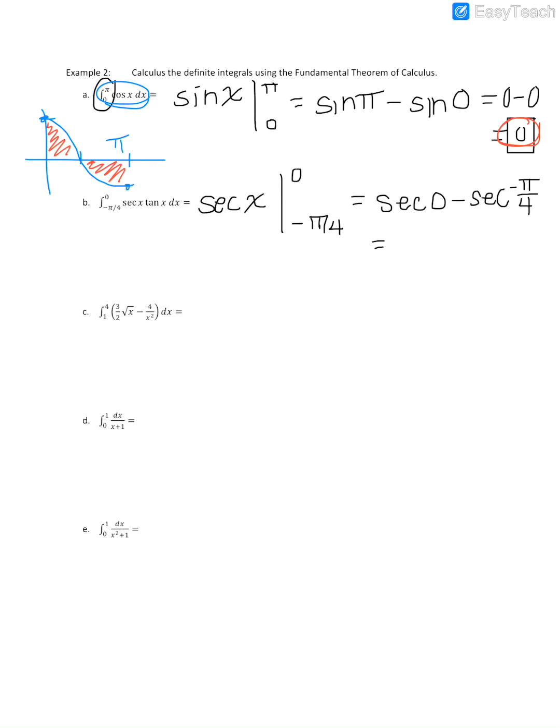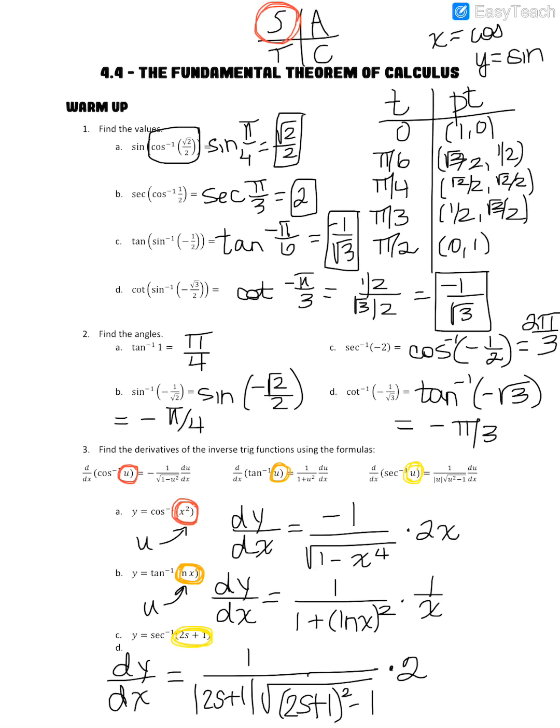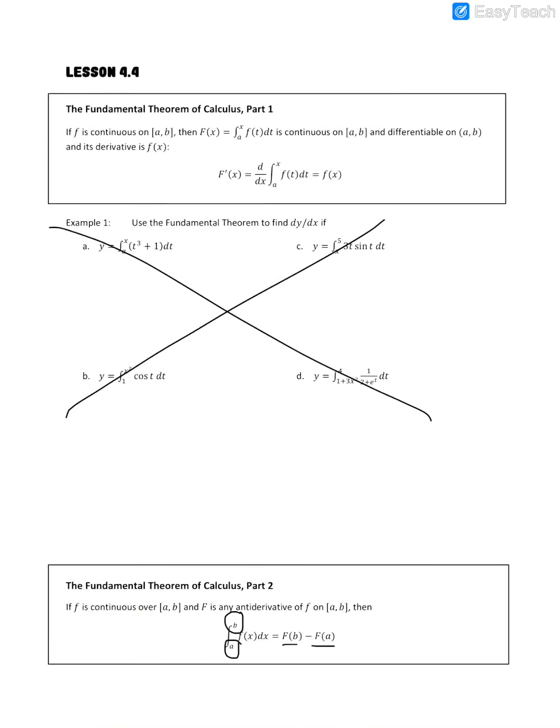I'm going to flip back to my t-chart once you've got that written down. So we have the secant of 0. Remember, secant is just the inverse of cosine. So if I'm looking at 0, my cosine would be 1, so the inverse of that would be 1.